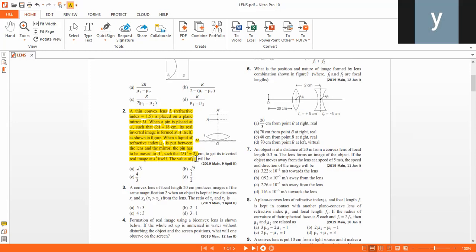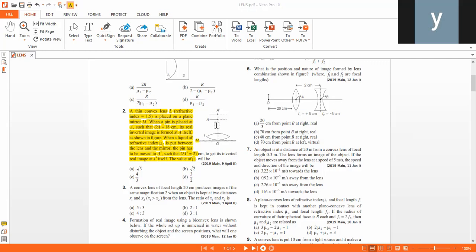The object is placed at A and the image is also formed at A. When a liquid of refractive index mu L is put between the lens and mirror, the pin has to move to A dash such that OA dash equals 27 centimeters to get an inverted real image at A dash. What will be the value of mu?